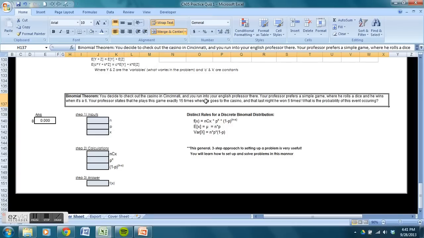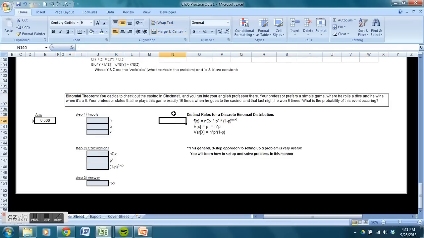Now anytime I tell you it's a given distribution, whether it's uniform, binomial, Poisson, as soon as I tell you that, then you know information about that distribution.